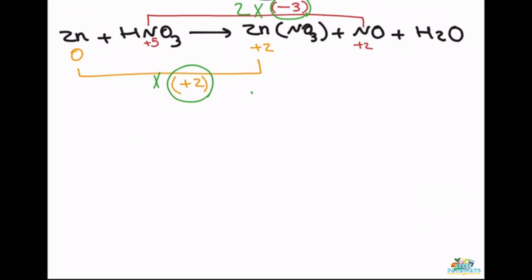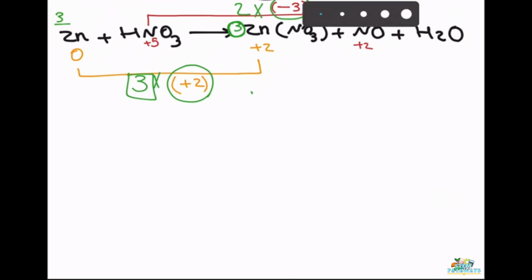We need to have the same number, so you multiply top by 2 and bottom by 3. In this way, you will have 6 electrons that are changing. So now that you have multiplied by 3 and 2, you know that you should add 3 here because you have multiplied your zinc by 3. So if this is 3, obviously this is 3 too. For the next one that you had 2, you're going to have 2 here because you multiplied by 2.